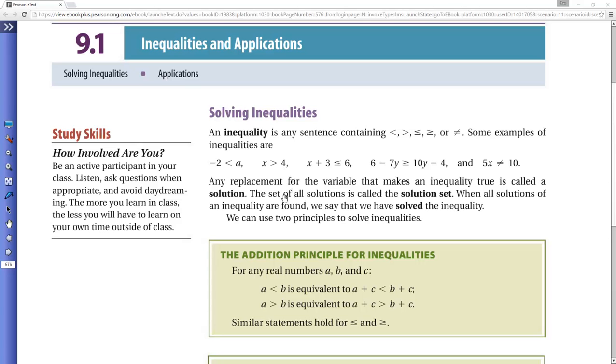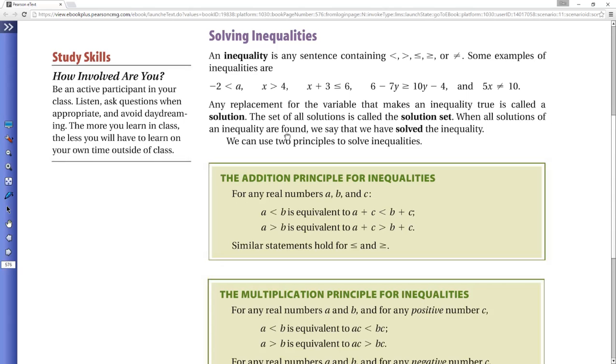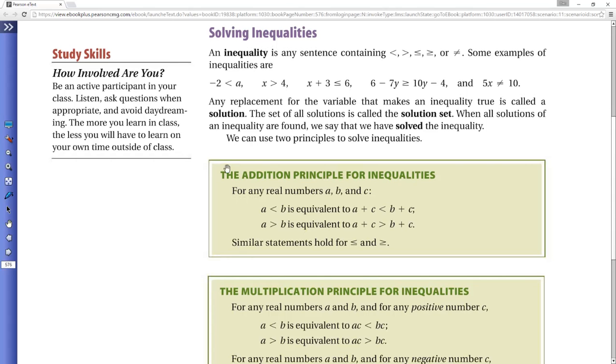Or all the values where x plus 3 ends up being left of or right on the number 6 on a number line. It's a very nice way to think about that, and I can get a visual image related to these inequalities, which might help eliminate some errors.